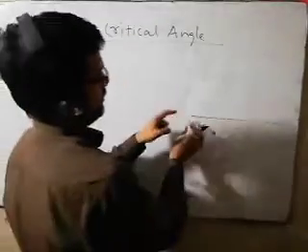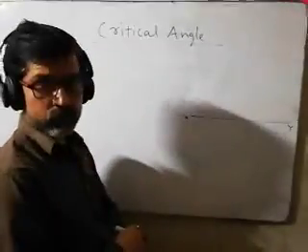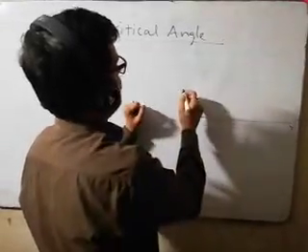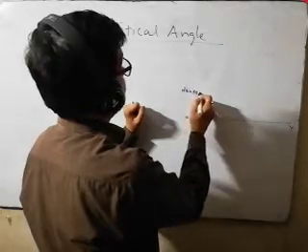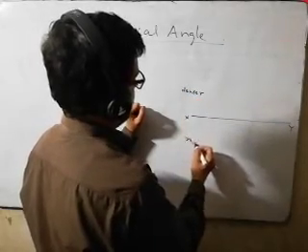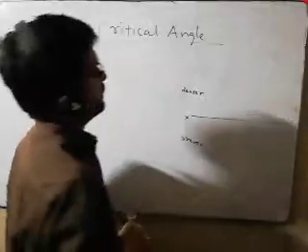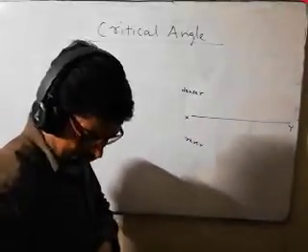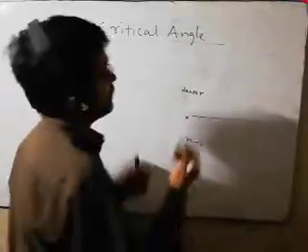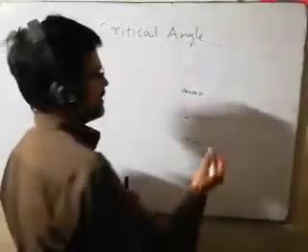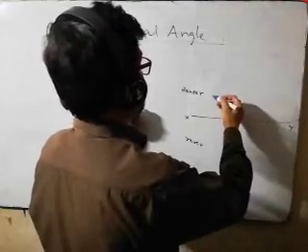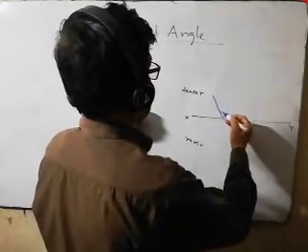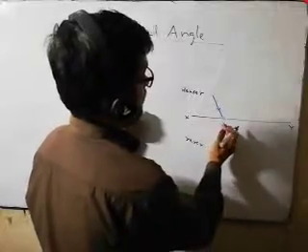Now see, this is a refracting surface which separates two media, maybe one denser and another rarer. What we know is that when light rays move from denser to rarer, they bend away from the normal.